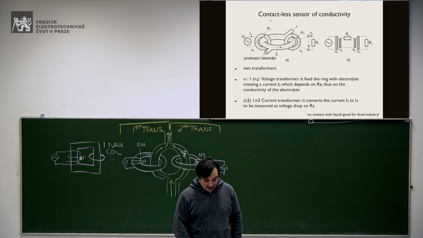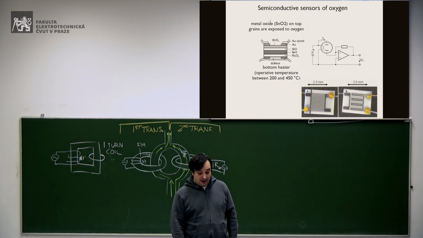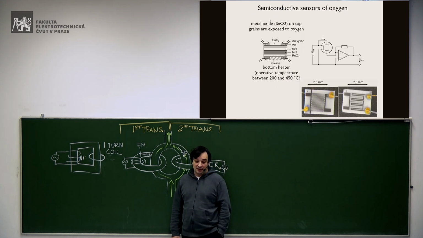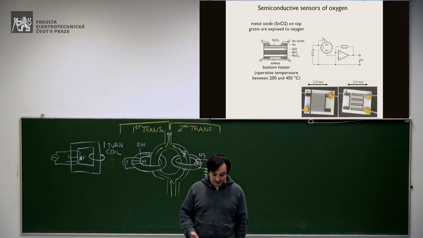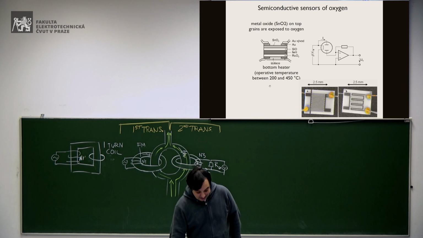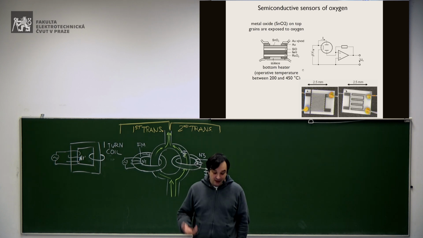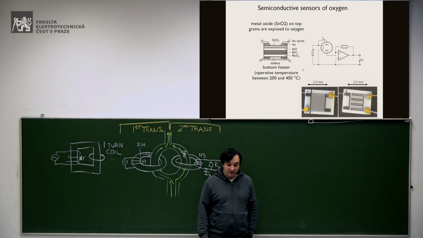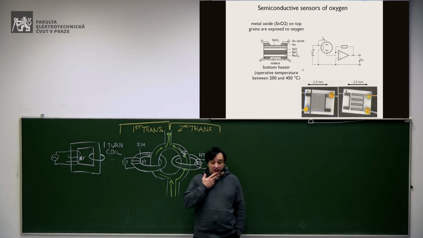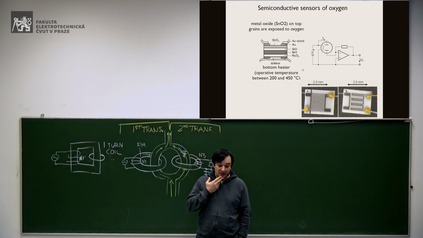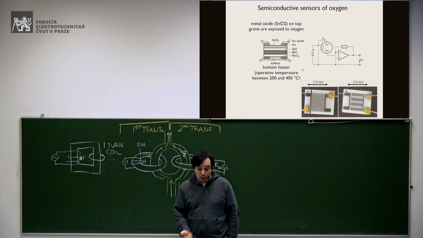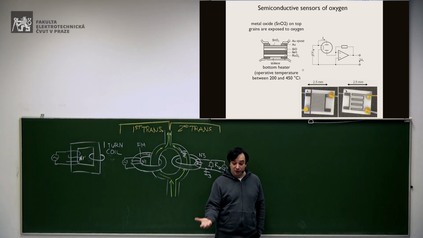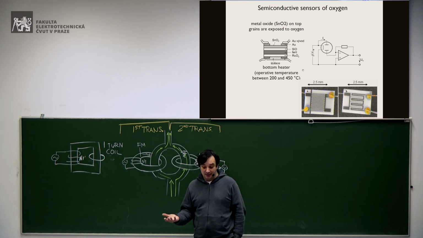And another system to measure oxygen is to use semiconductive sensors. Here you see a schematic, and here you have some photographs. Basically, what you have is, most typically, tin oxide, SnO2, and you warm it up. So at the bottom, you have some heater.